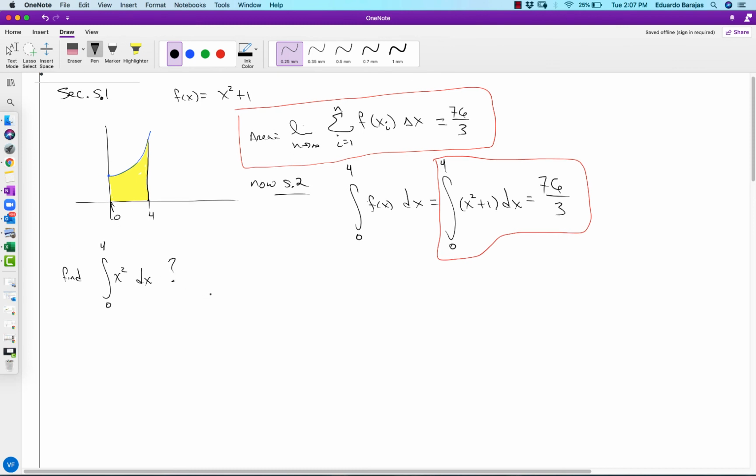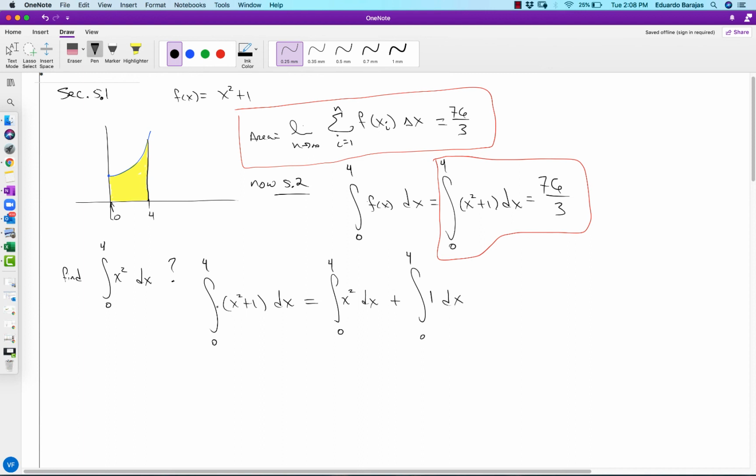The integral from 0 to 4 of x squared plus 1 dx. Our properties tell us that this must be equivalent to the integral from 0 to 4 of x squared dx plus the integral from 0 to 4 of 1 dx.